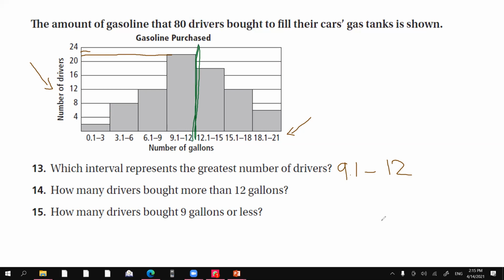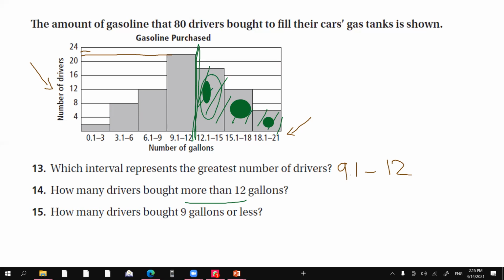Now, I told you, more than 12. So I will look at all of these here. More than 12 gallons, they are this area. So they will be this area plus this area plus this area.